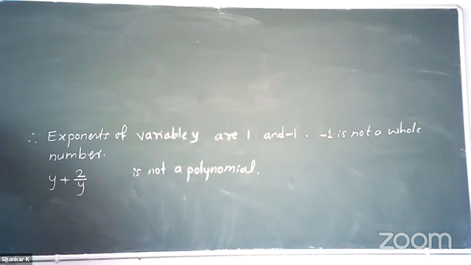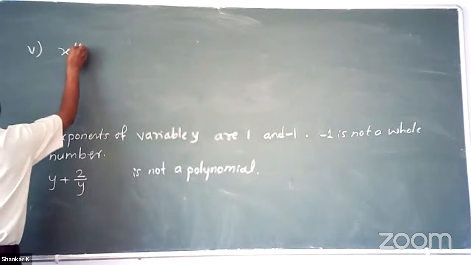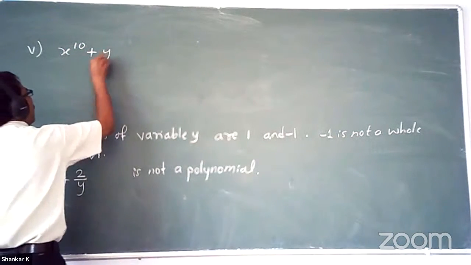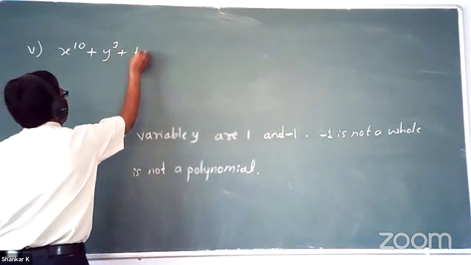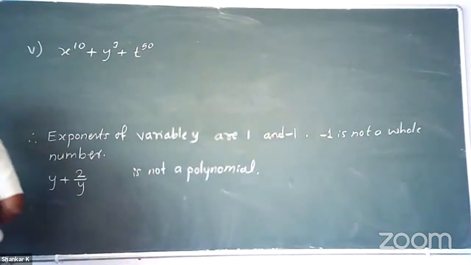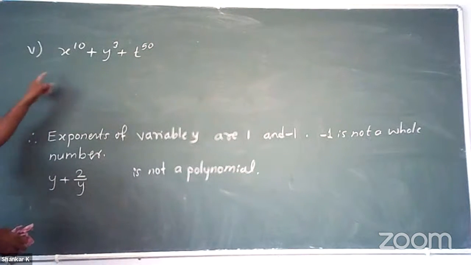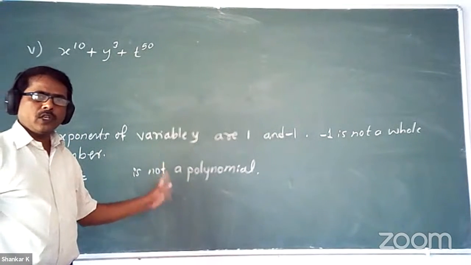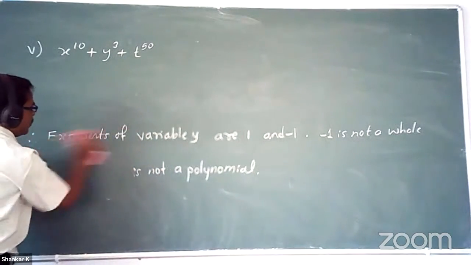x raised to 10 plus y raised to 3 plus t raised to 50. Here the exponents are positive whole numbers, but it has 3 variables. They have asked you to check whether these are polynomials in one variable. There are 3 variables, so it is not a polynomial in one variable.